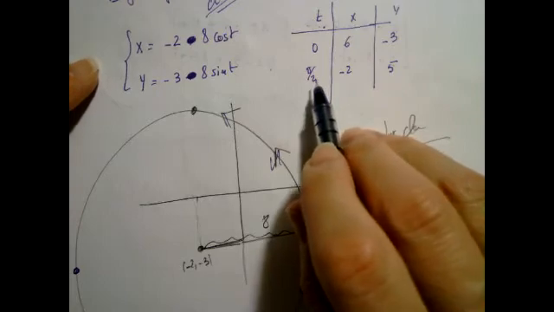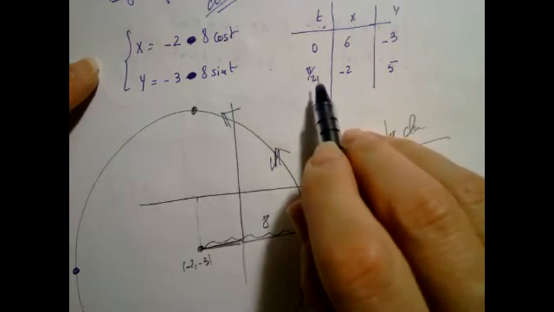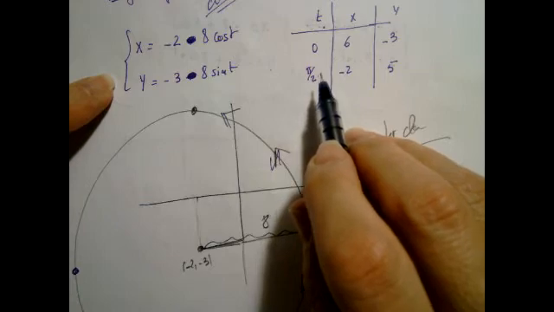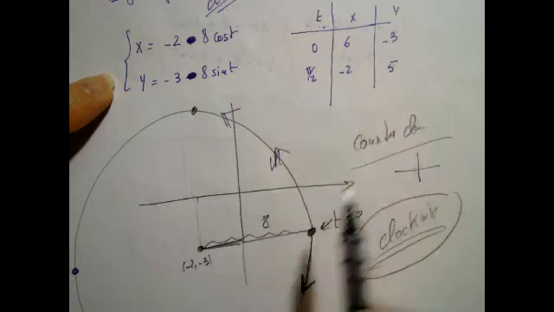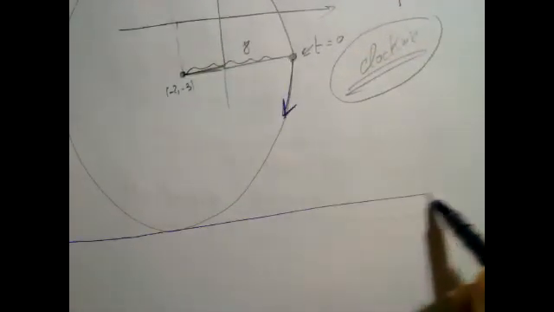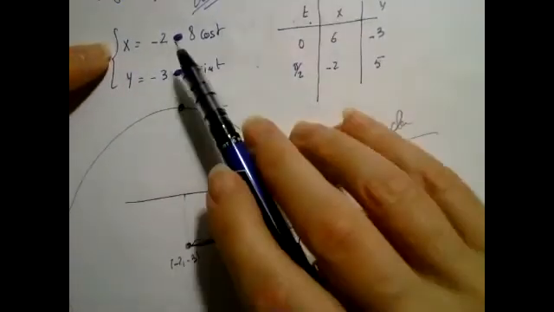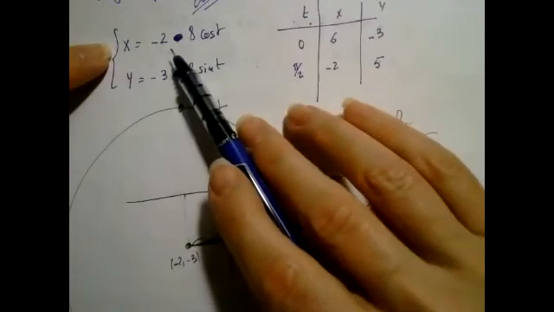And at t equal pi over 2, where am I? My mind went blank right now. Anybody can pitch in, and that shouldn't be hard.